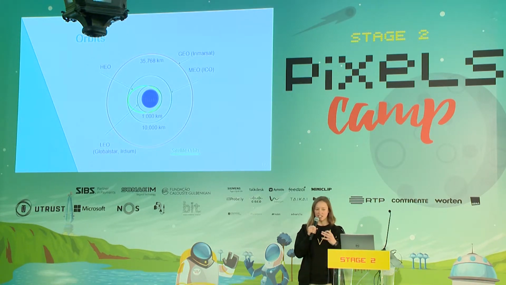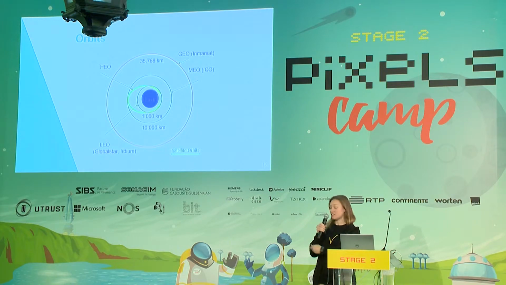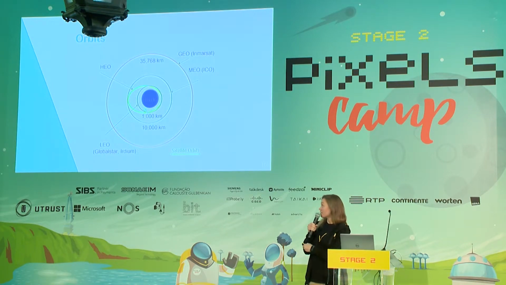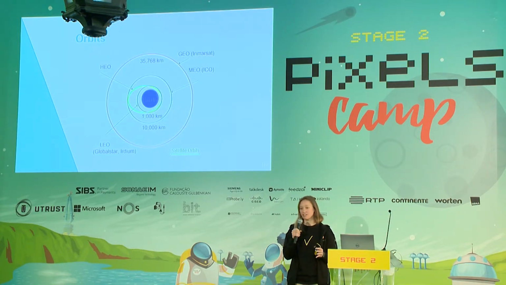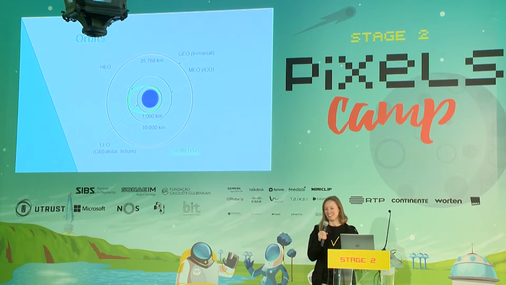So you need a higher velocity to counteract the gravity to not fall back down on Earth. If you are further away from Earth, in the geostationary orbit, you need less velocity. For example, in the low Earth orbit, you need around 7.8 kilometers per second as your speed. But in the geostationary orbit, you only need around 3 kilometers per second to go around the Earth.